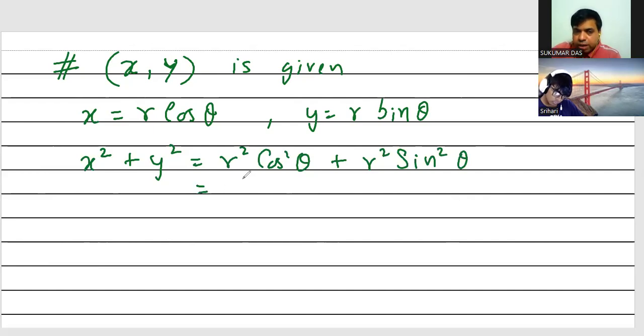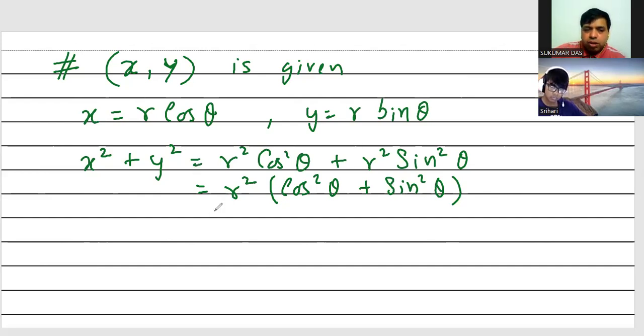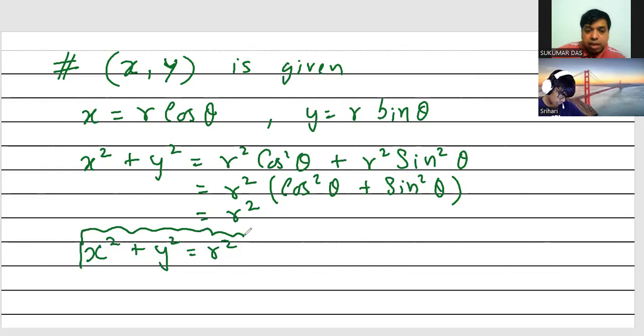Now you can take r squared as common, so this will become cos squared theta plus sin squared theta. As per the trigonometric identity, cos squared theta plus sin squared theta is equal to 1. So we can write it to be r squared. So that means our one relation is x squared plus y squared is equal to r squared.